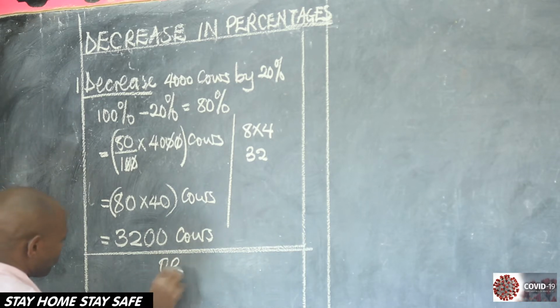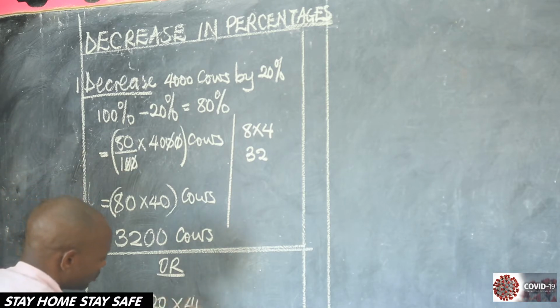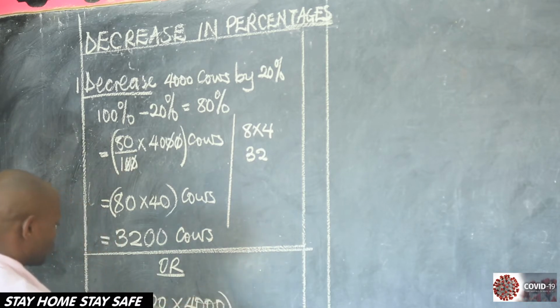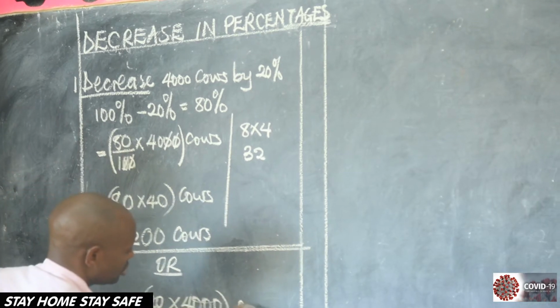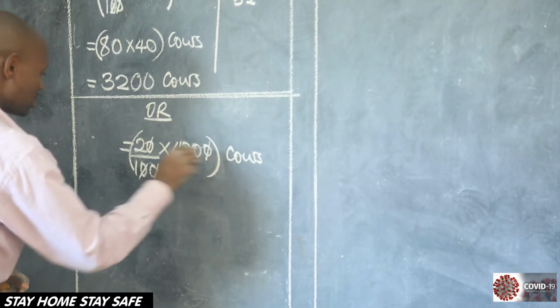Method 2, you can first of all get 20% of the number which has been given. Cows. We cancel this and this and this.